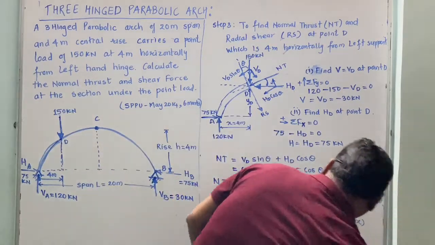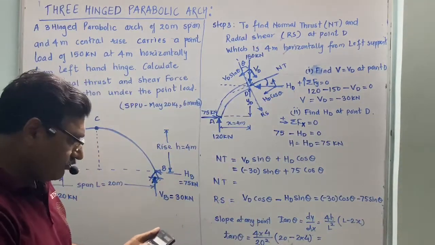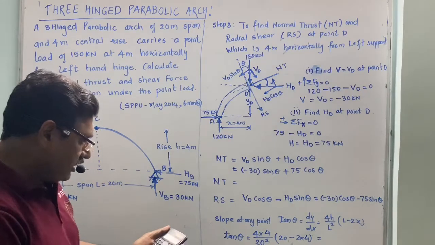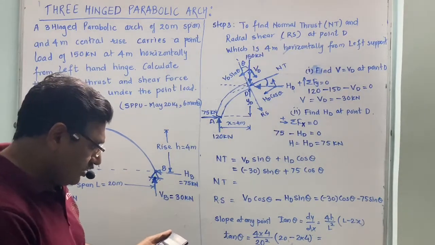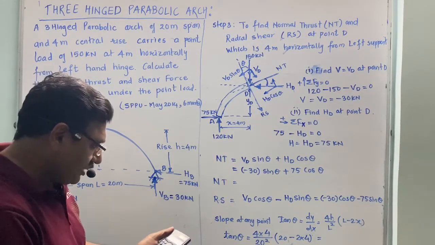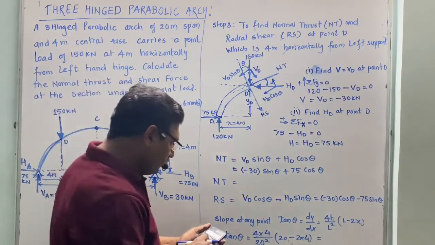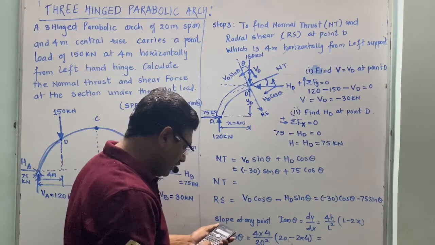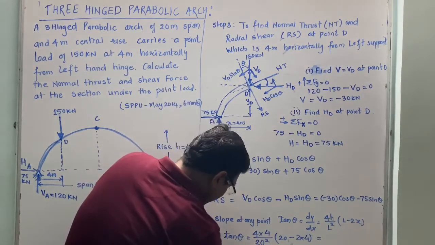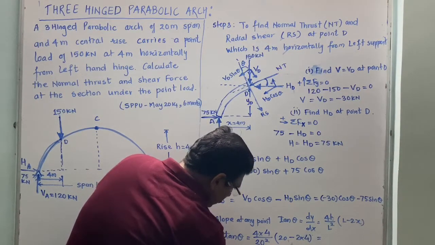Using a calculator, 4 into 4 divided by 20 square into bracket 20 minus 2 into 4 bracket complete gives 0.48. Tan inverse of 0.48 gives 25.64 degree.